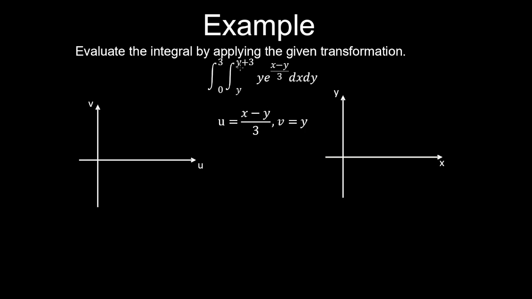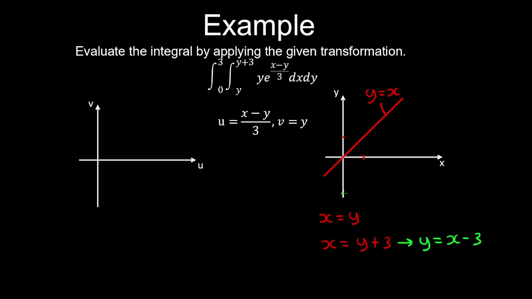So from the limits of integration, we can draw our region in the xy plane. So we're integrating from x equals y to x equals y plus 3. So the first boundary line is the line y equals x, and the other boundary line is y equals x minus 3.